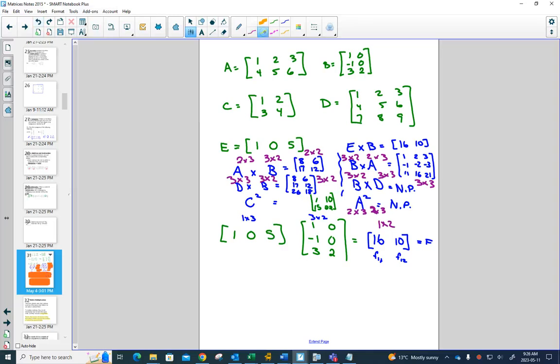All right, so the columns of the first one, which is this number, and the rows of the second one. Let's be circling all the middle numbers. Look what happened here. They're different. Look what happened here. They're different. So if the middle numbers match up, in other words, if the columns of the first one match up with the rows of the second one, then you're allowed to multiply.